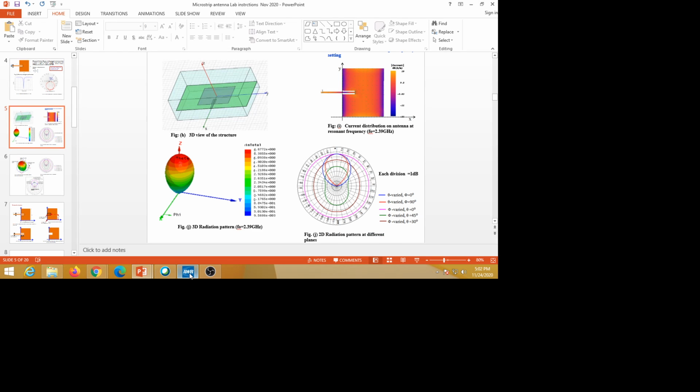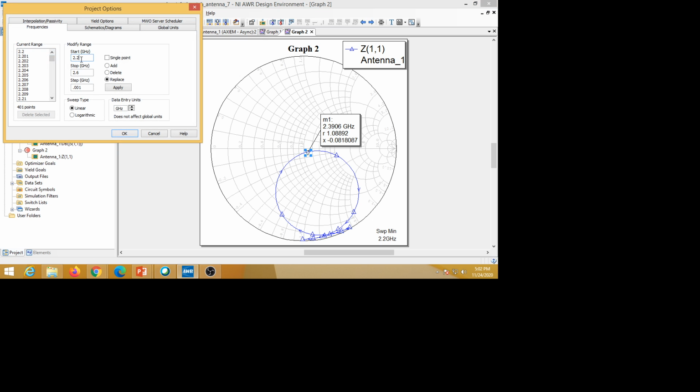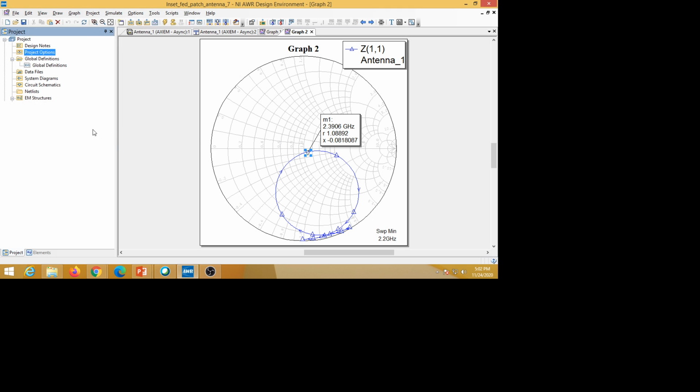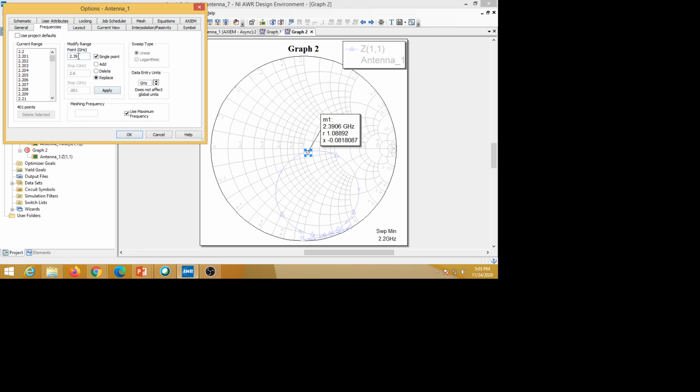Okay, so to do that, in this structure, we should change the frequency here, because it is only at the resonant frequency that we got, 2.39 gigahertz. So apply a single frequency, only 2.39 gigahertz. Okay, similarly here also we should change, again 2.39 gigahertz apply.